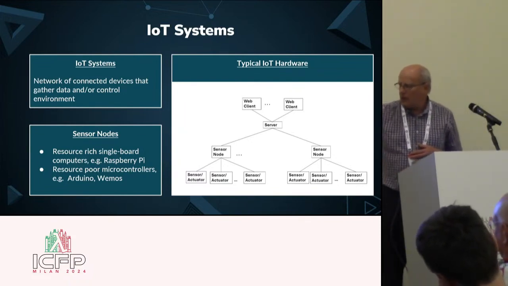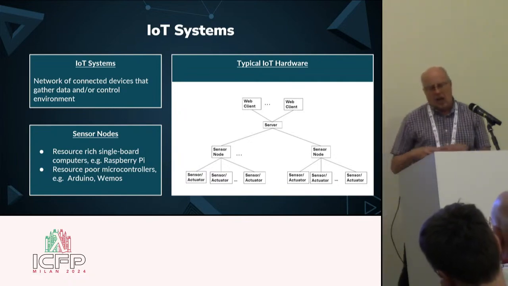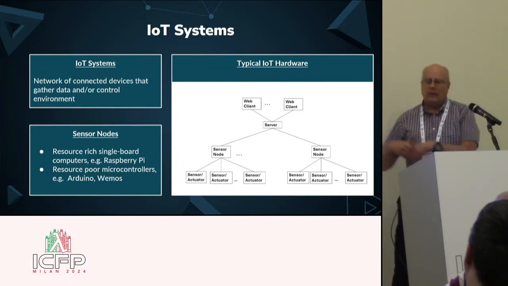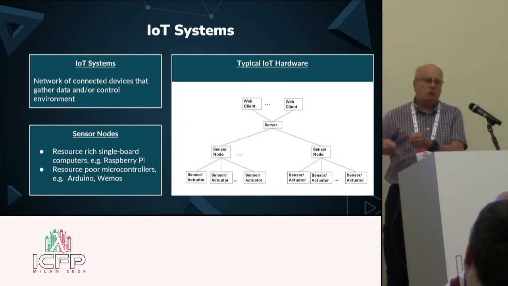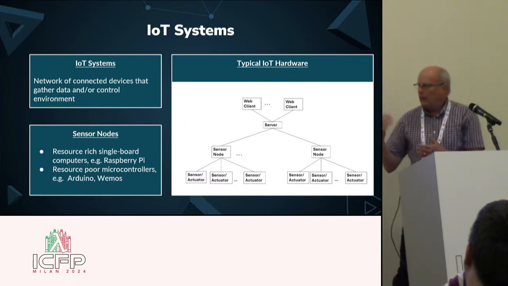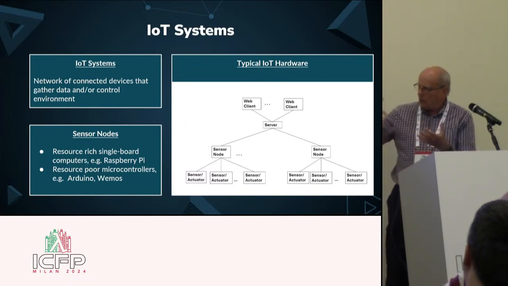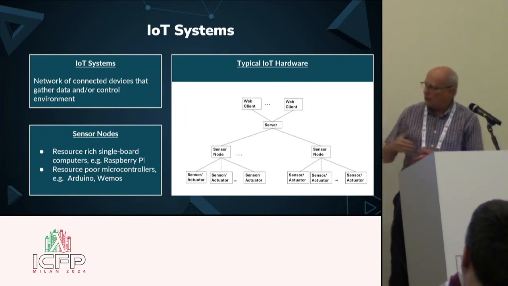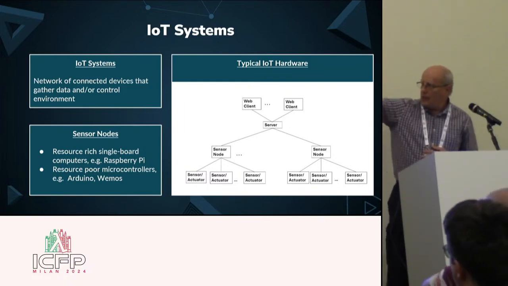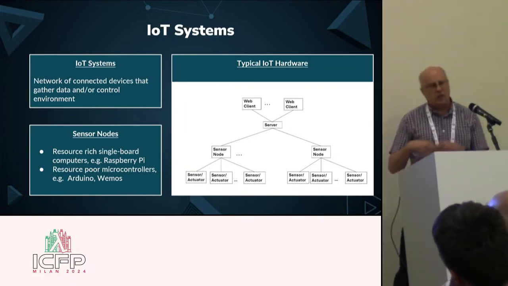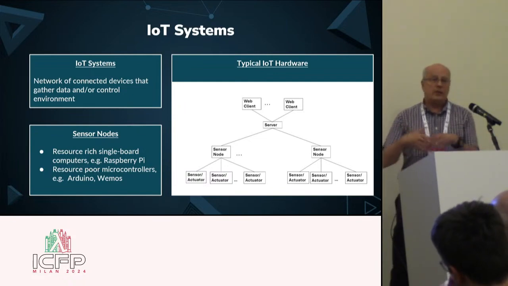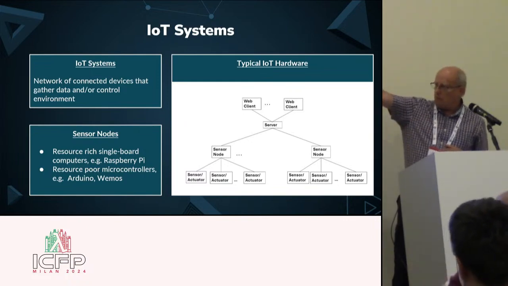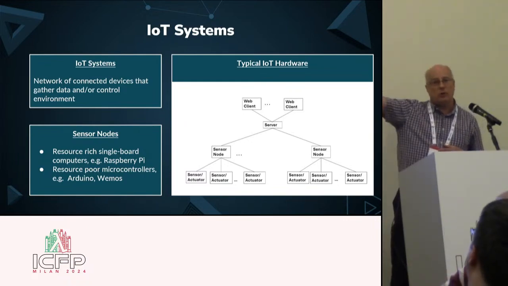Each sensor node is connected to a bunch of sensors or actuators that do stuff. So if you're in a drainage system, you might open valves, or you sense things like water levels. The sensor nodes feed data up to a server, and the server offers a web interface, typically, to multiple web clients. So you can think of it as a pair of distributed systems with a server in the middle.